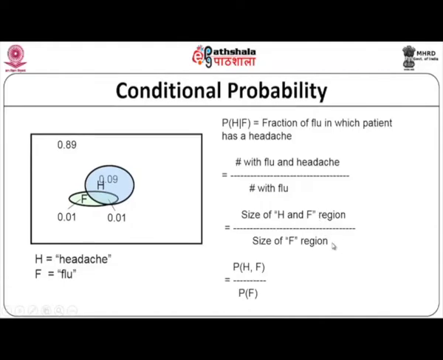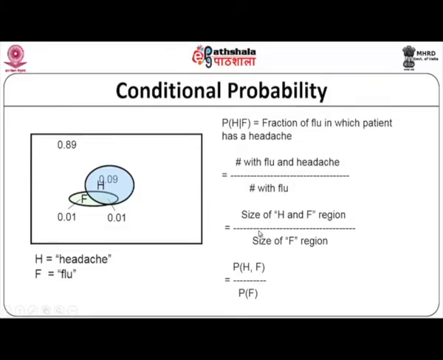So, now we are trying to determine this probability based on this equation. Here in this equation we try to identify what fraction of patients with flu is associated with headache. This will be equal to the number of favorable events divided by the total number of events. Here the number of favorable events is the number of patients with flu and headache, divided by the total, which is the number of patients with flu.